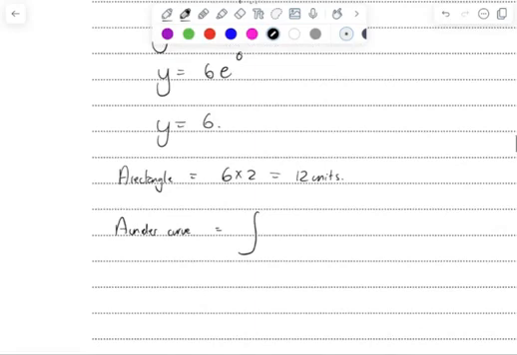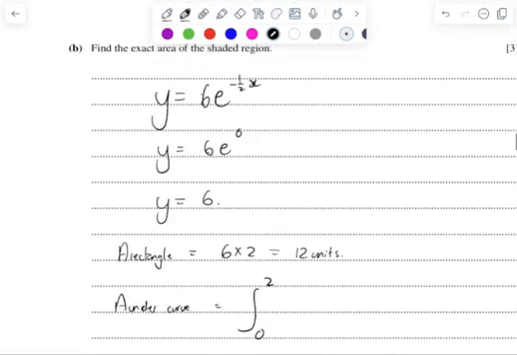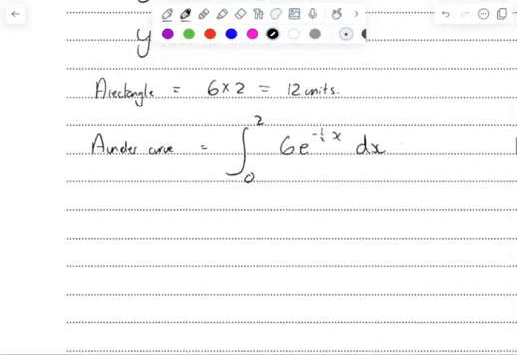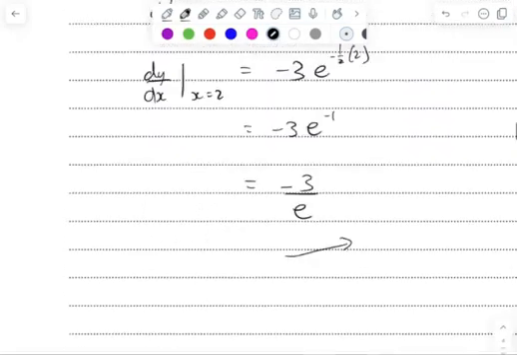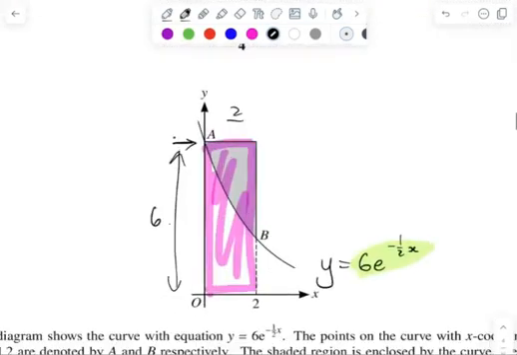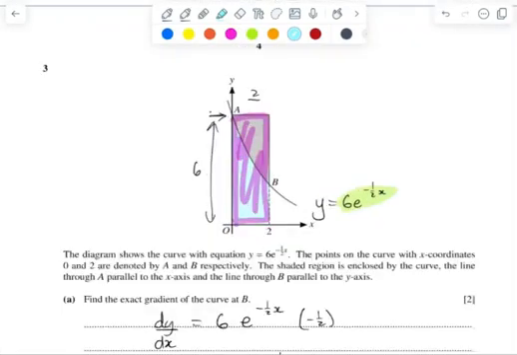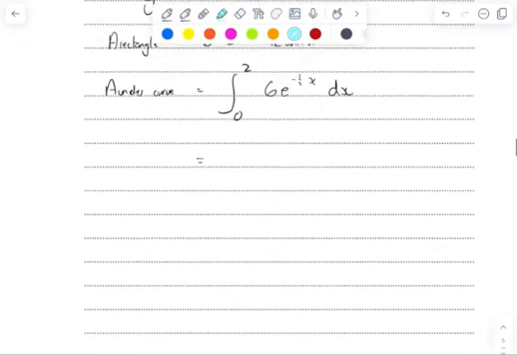Here I'm integrating between 0 and 2, in terms of x. That's going to give me this area, and then I'm going to take my 12 units and subtract that area. That seems quite straightforward.